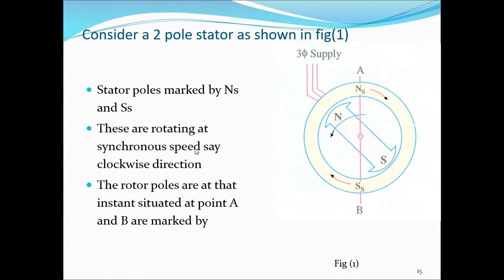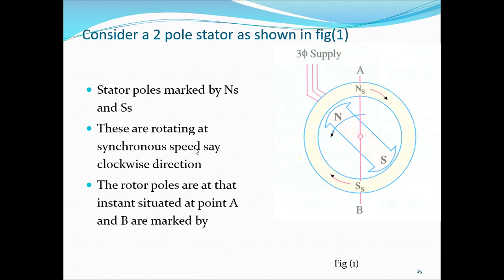When the rotor speed reaches near the synchronous speed, the rotor winding is switched on to the DC supply. When we give the DC supply to the rotor winding, the rotor poles become powerful electromagnets like the stator poles.